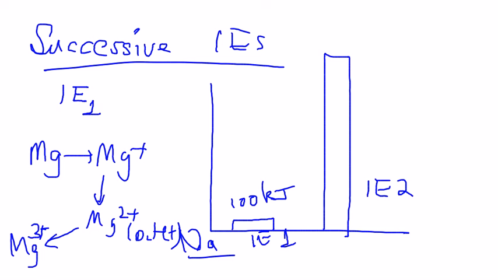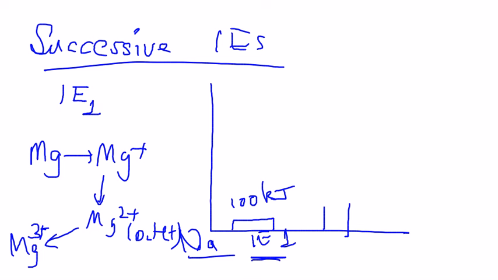And if you wanted to do the comparison, of course, the IE1 is going to be the smallest, and the IE2 is going to be larger than the IE1 in this case, but probably not very large. Realize that even the IE1 in case of magnesium is going to be fairly large because you have a paired system.